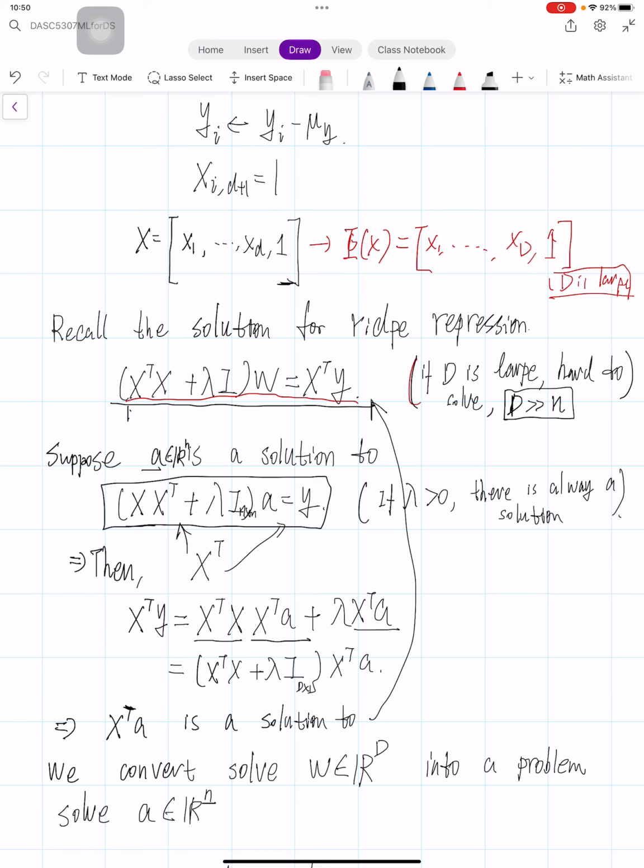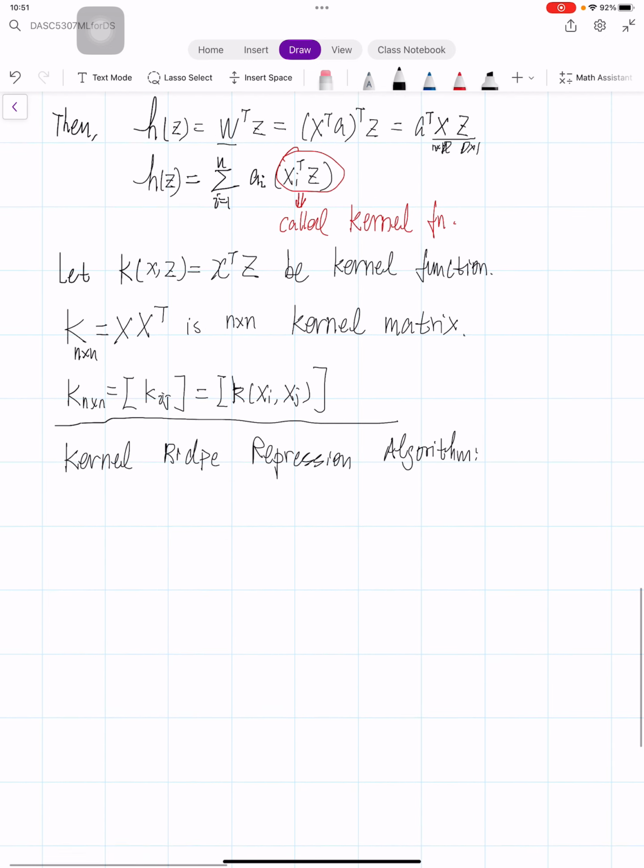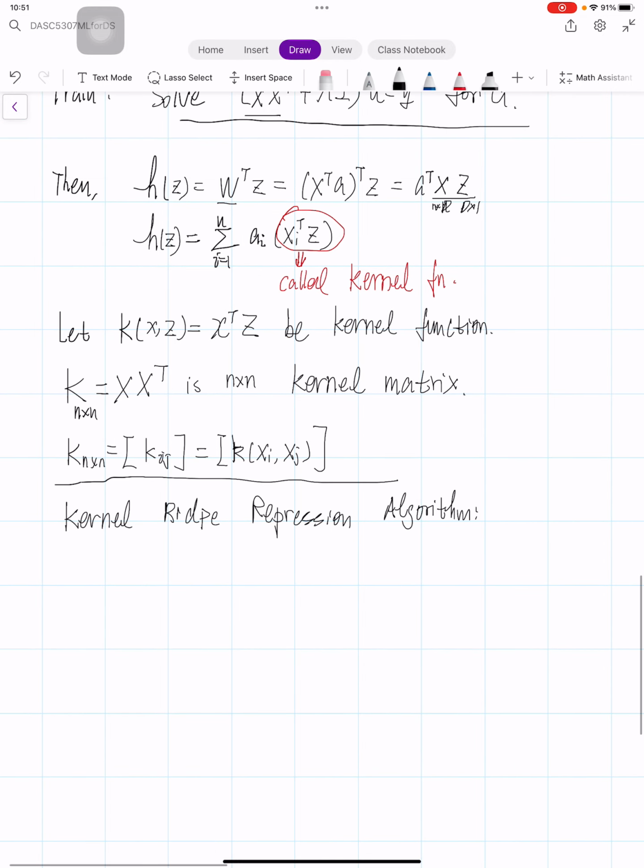This is the D by D matrix. Think about if this D is 1 million, this will be a 1 million by 1 million matrix. Hard to solve. But once we know this kernel function, we can compute this K matrix for any i and j between 1 to n.